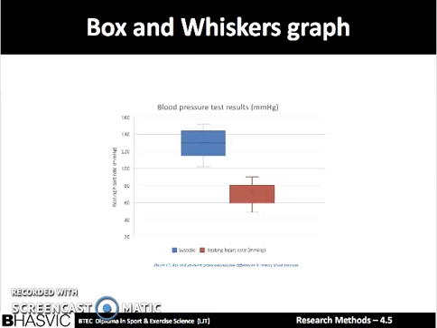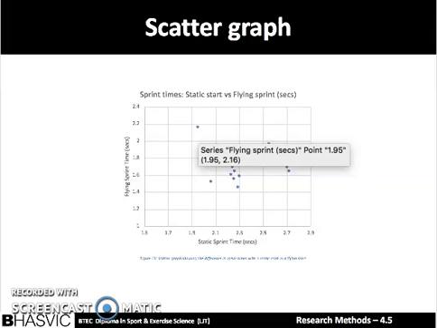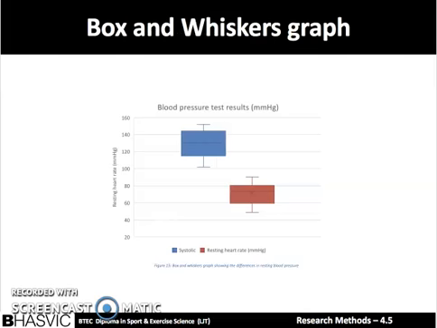It's not the easiest to distinguish with these graphs, whereas with scatter plot graphs, for example, you can easily distinguish outliers through the individual scores that are shown, whereas all of the scores in box and whiskers graphs are kind of grouped together.